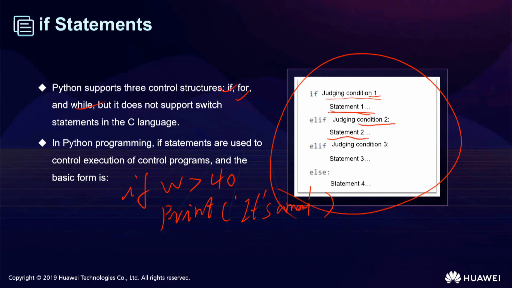If not, we use else if: if the weight is larger than 5 kilograms, then we print it's a dog.